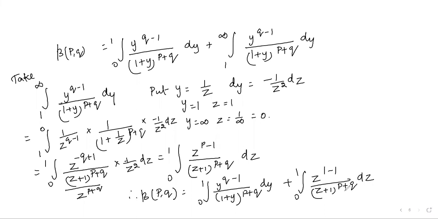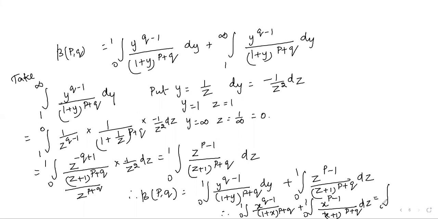Okay. So now this y is the dummy variable. Therefore, changing the dummy variable, it can be written as integral 0 to 1 x power q minus 1 by 1 plus x power p plus q. And similarly, in the second also, the dummy variable can be interchanged. Instead of z, I can write x power p minus 1 divided by x plus 1 the whole power p plus q into dx.